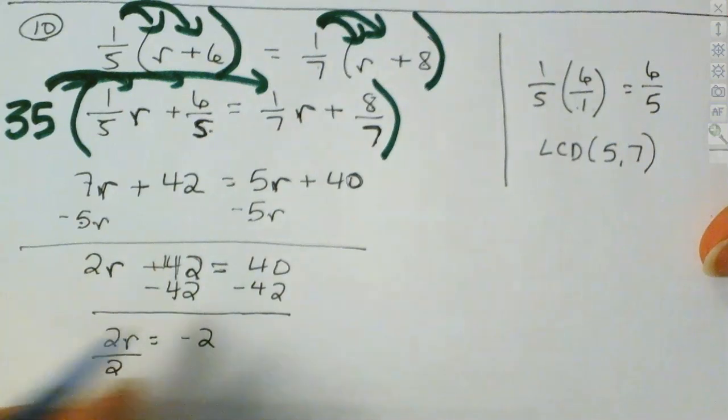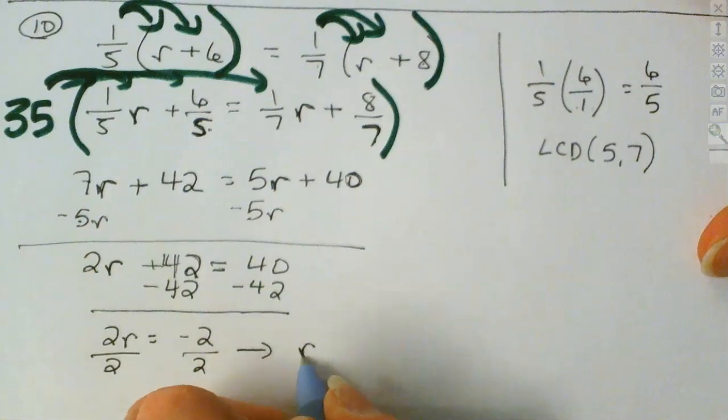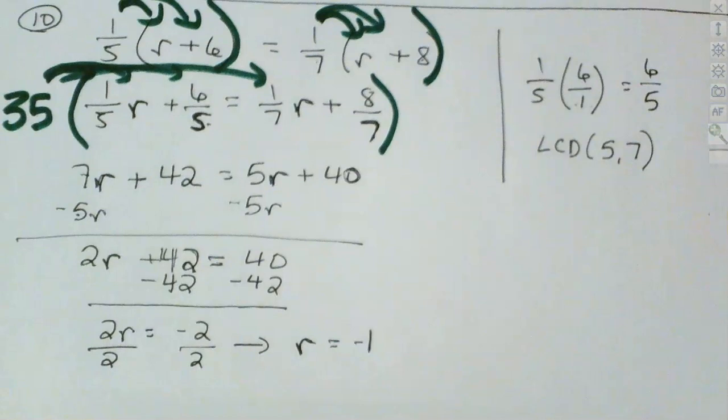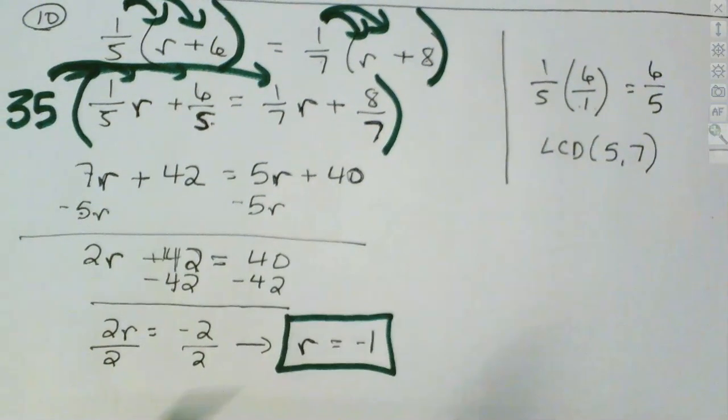Divide by the 2. And now we've got r equaling a negative 1, isn't it? So that's question 10.